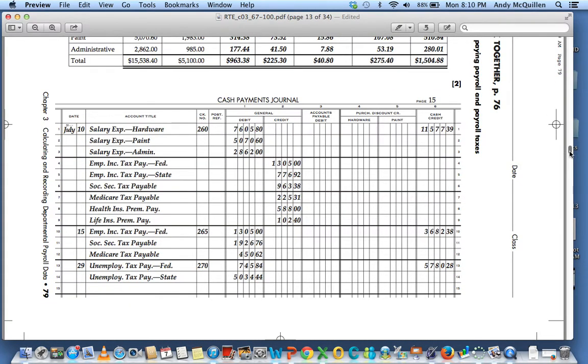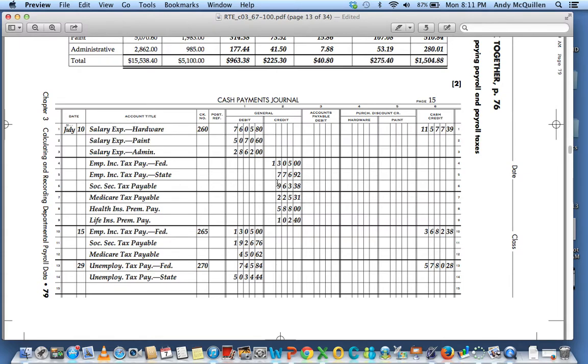Now on the 15th, it wants you to pay employees federal income tax withholding, Social Security tax, Medicare tax liabilities for the pay period ended July 3rd, check number 265. So employee income tax payable federal, 1305. We get that number right here. Social Security tax payable. Okay, as you can see, that is not the same number.